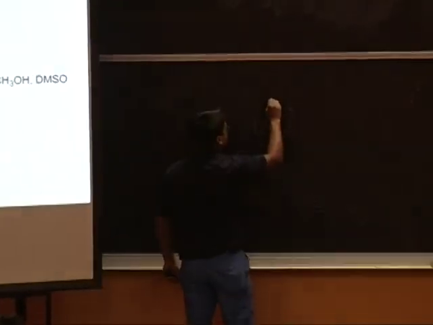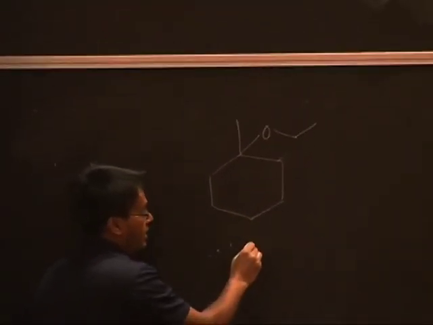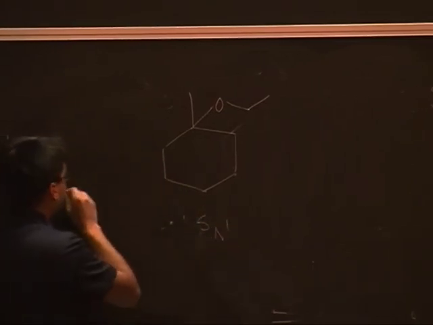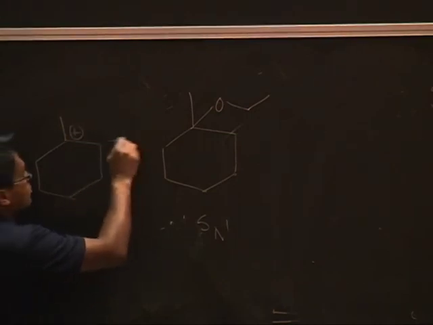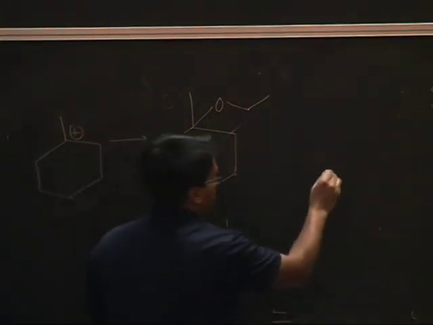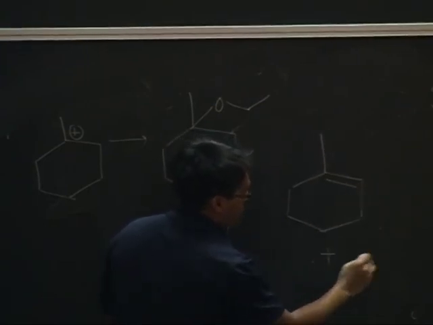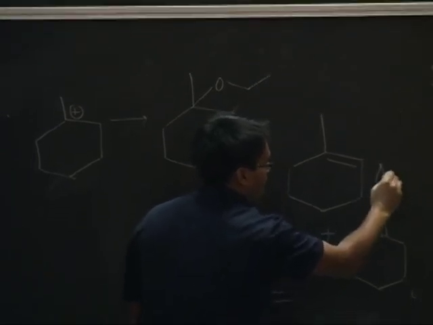And you're forming a tertiary carbocation, so there's no need for rearrangement. That's your what product? Substitution, elimination? Because that's a first order reaction, so you'll form this carbocation, which can go to this substitution product. You do an elimination, you can have this as well as this. Which is better, A or B?